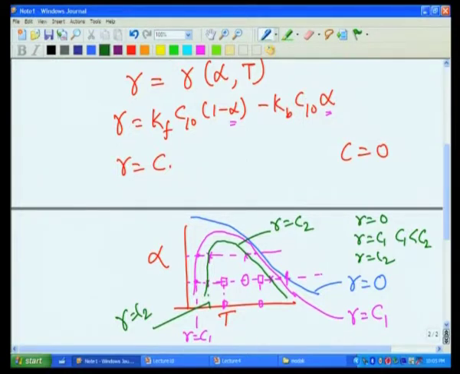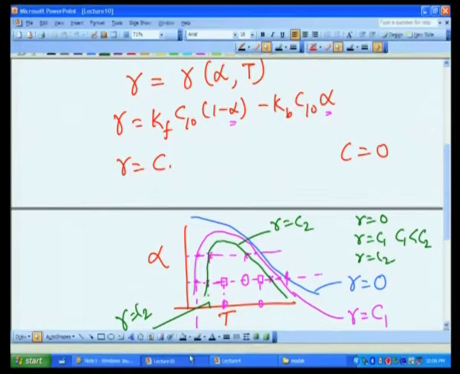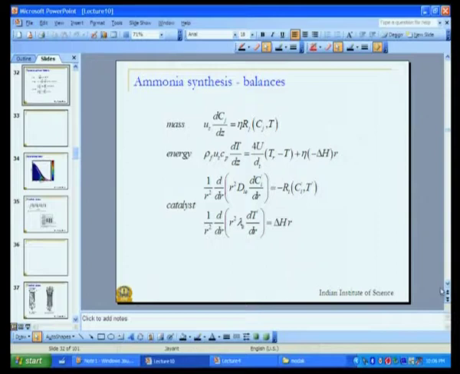So, this is how my contours will look. Okay. So, what is the characteristic? Let us actually look at how these contours look in reality.